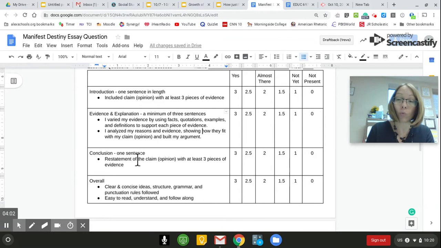You lay out what you're going to be talking about. Then you would have a paragraph about each piece of evidence, those 3 things that support your claim. And then your conclusion paragraph would be where you're restating your claim and why you still believe in it. So we're kind of building up to a 5-paragraph essay in a way.